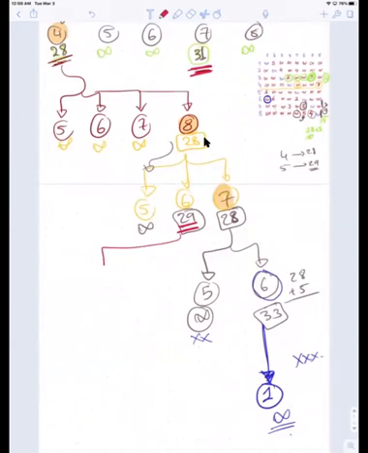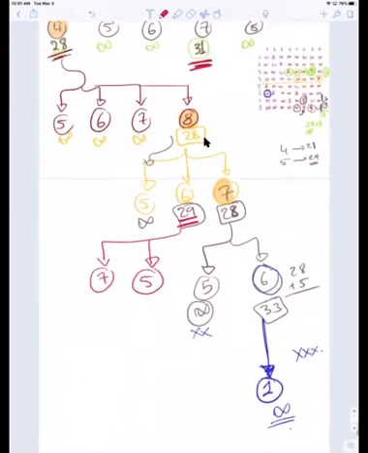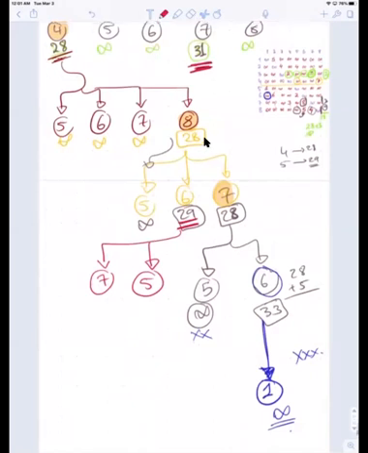So after this one, I can go to 7 or I can go to 5. So now I have to calculate from 6 to 7. From 6 to 7, it's infinity. And from 6 to 5, it is 2, which was the lowest in the whole row.